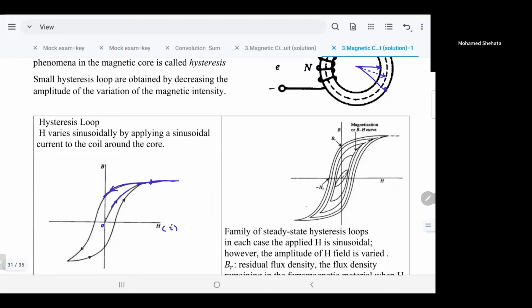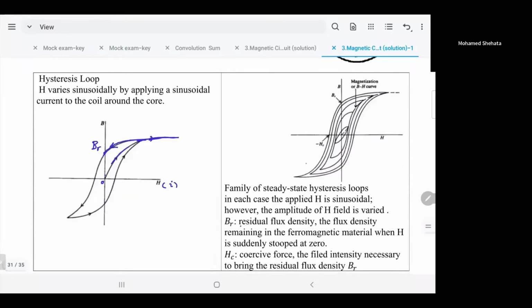You think you don't have any magnetic effect in this iron core. No, there's some left. This value we call BR, the residual flux density left.